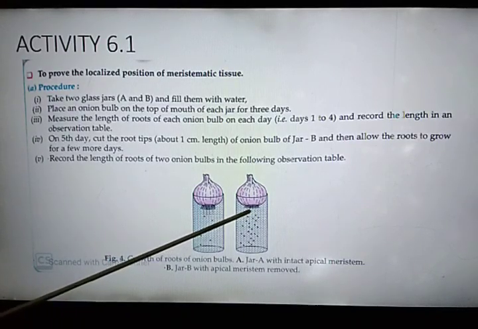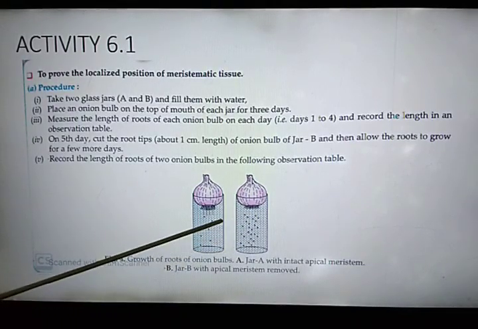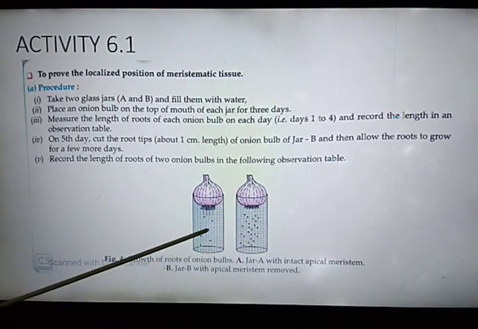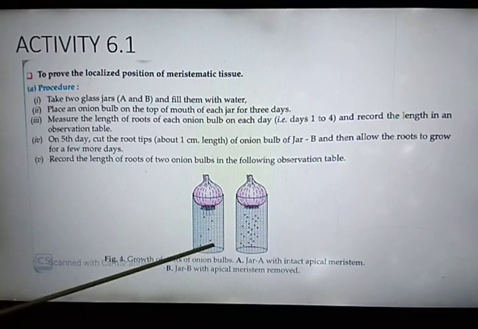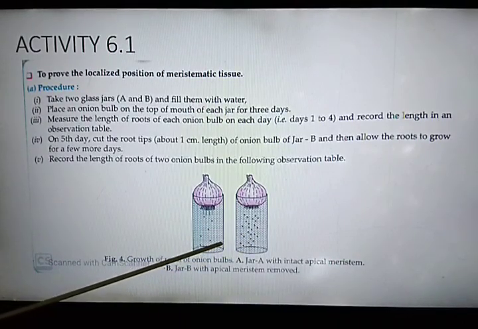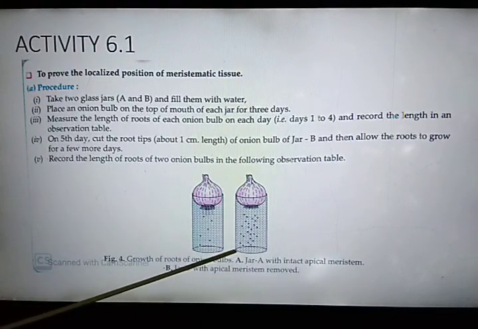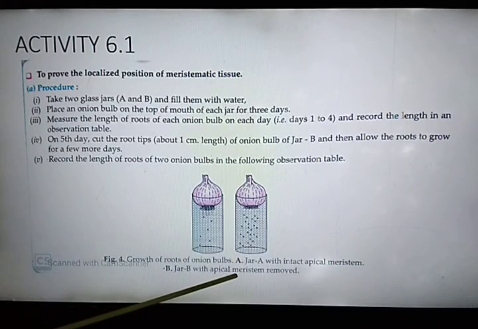After that, again measure the length of the root up to 6 or 7 days. Notice the change and answer the following questions given on NCERT page number 69 along with activity 6.1.